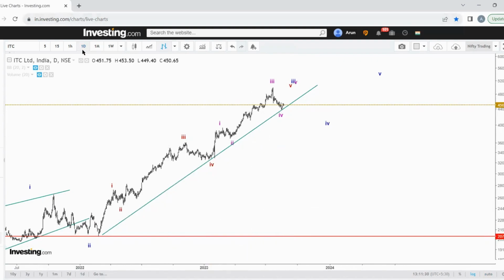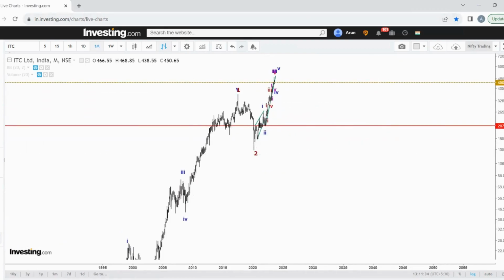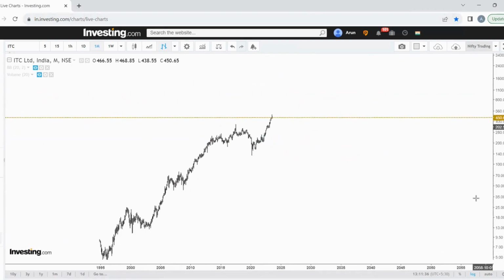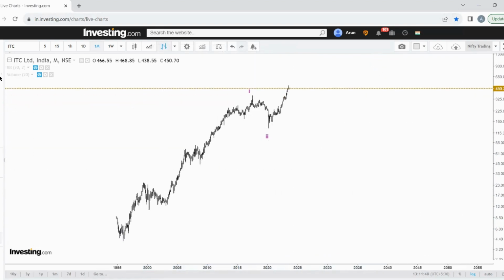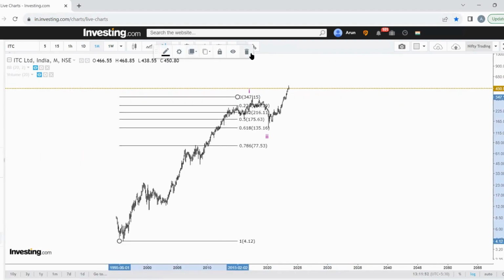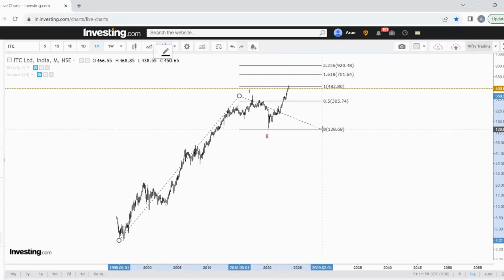And one more interesting thing while analyzing this chart is, I said this entire rally is wave 1 and wave 2. If you see this, the recent wave 3 has already reached 100% of this entire wave 1.